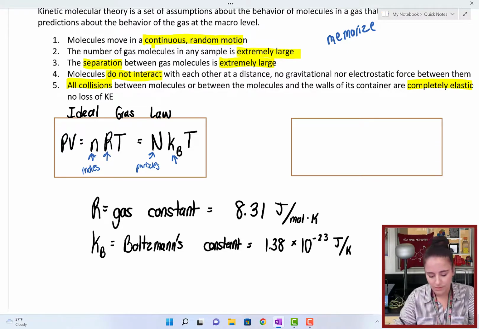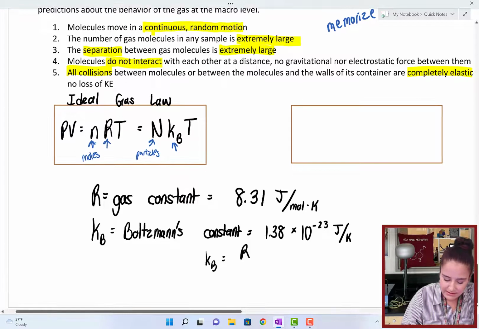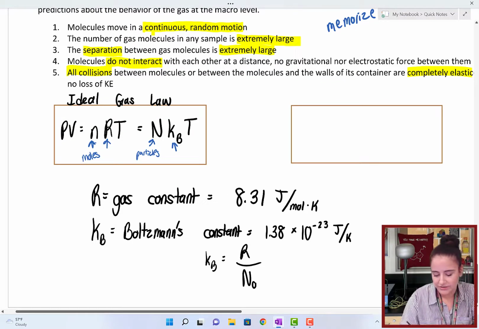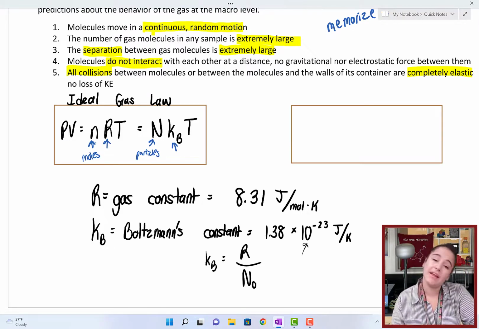Notice the moles is missing, okay? Because Boltzmann's constant is just equal to the gas constant divided by Avogadro's number, which you can kind of see in that times 10 to the 23rd. So it is more specific to individual particles. And that's why in this one, the ideal gas law, you'd be multiplying it by the number of particles.